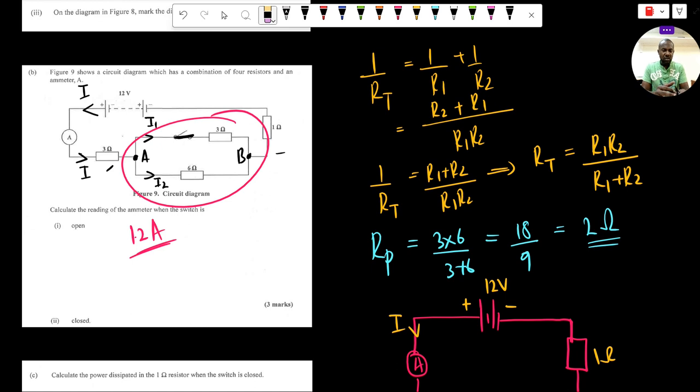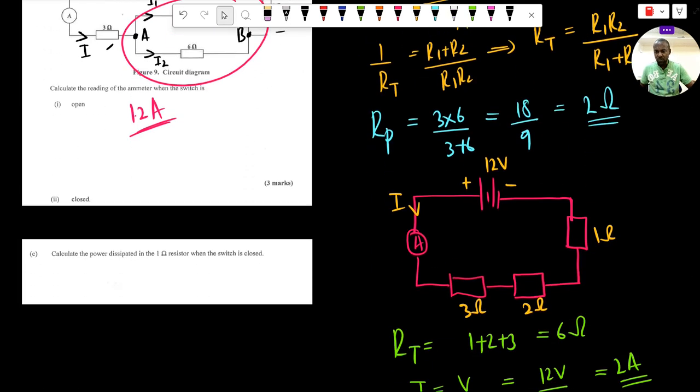And this contributes to a reduction in the total circuit resistance, which results in a larger current flowing, right? So indeed, as we saw from the previous part, when the switch was open, a current of 1.2 amperes flowed, but when the switch is now closed, a current of 2 amperes flows.